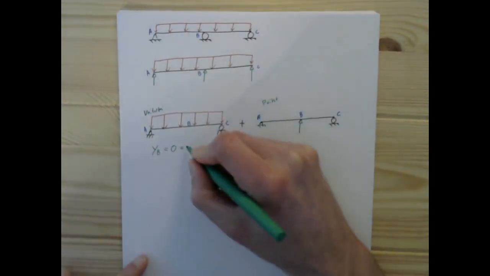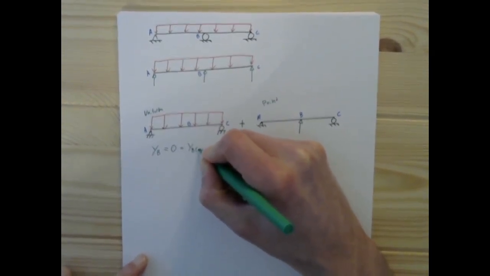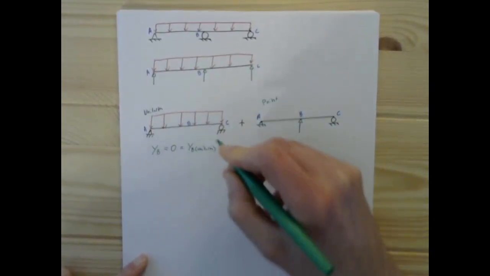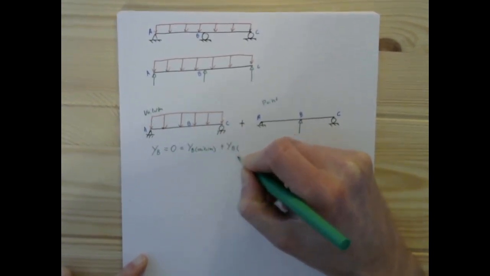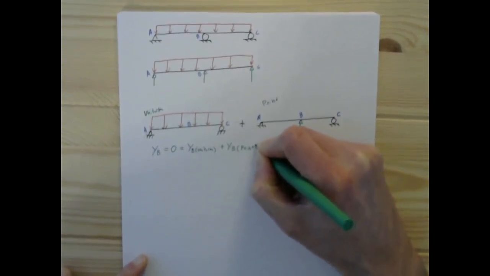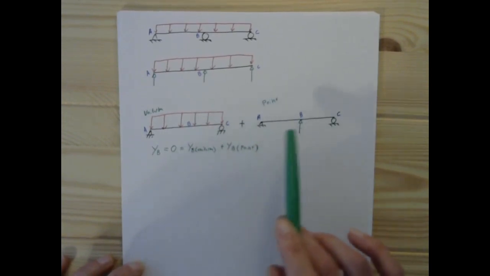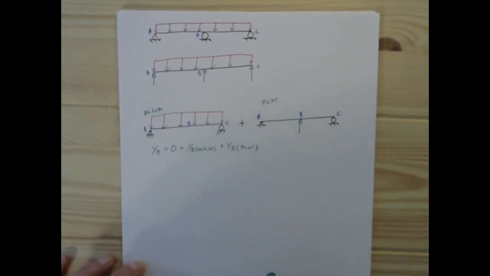So then this is the deflection of point B for the uniform beam plus deflection at point B for the point beam. So if we add those deflections up, they have to be 0, and whatever force we get for B that gets us that deflection of 0, that's going to be the reaction of B.